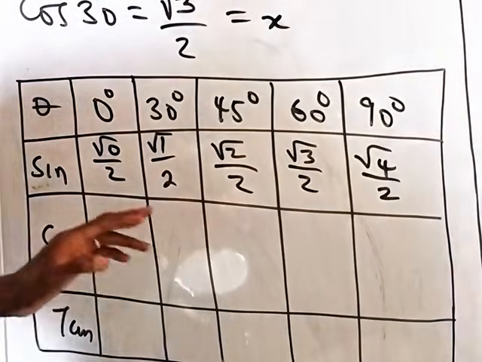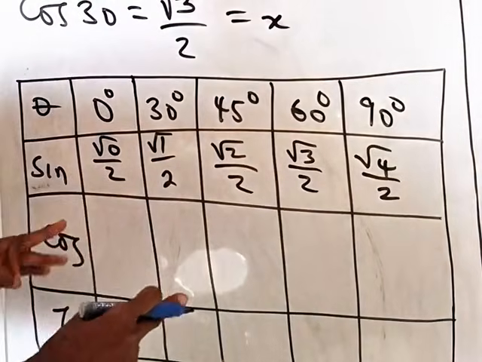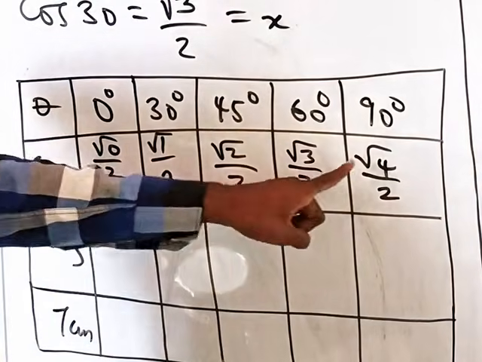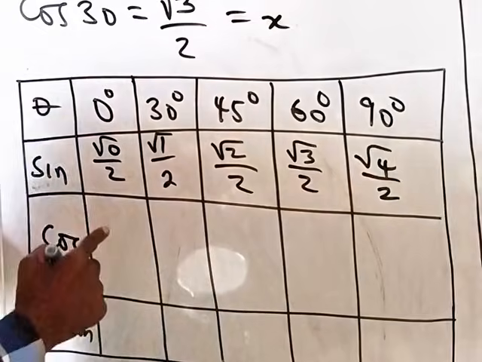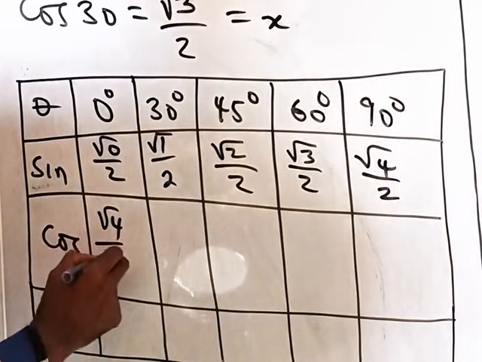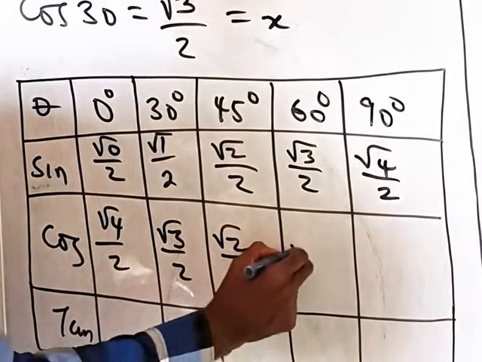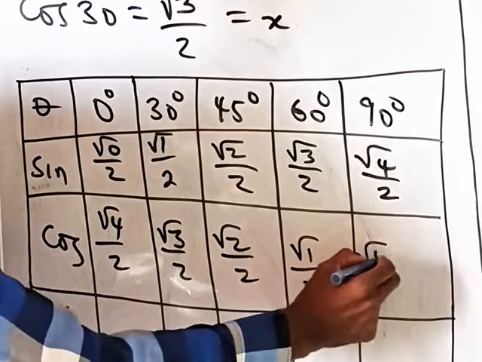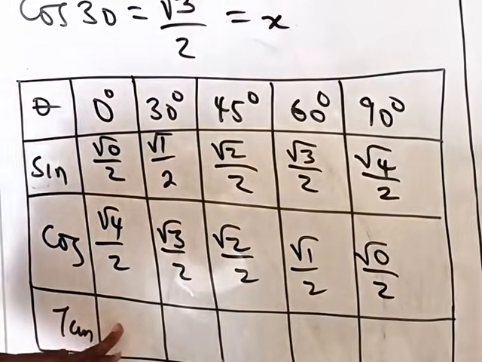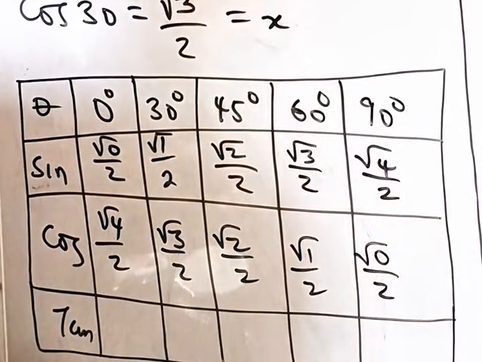Now, to get your cosine, reverse everything that you have for your sine. What do I mean? What's the last value here? Root 4 over 2. I'm going to put it here. Root 4 over 2. Root 3 over 2. Root 2 over 2. Root 1 over 2, root 0 over 2. And to get my tan theta, it is sine theta divided by cos theta.